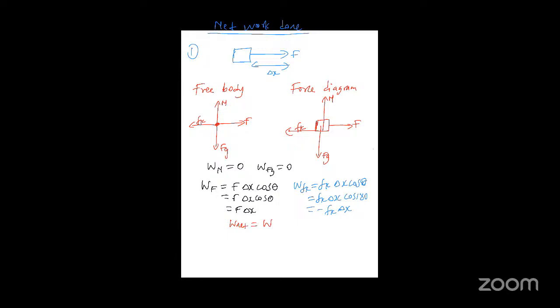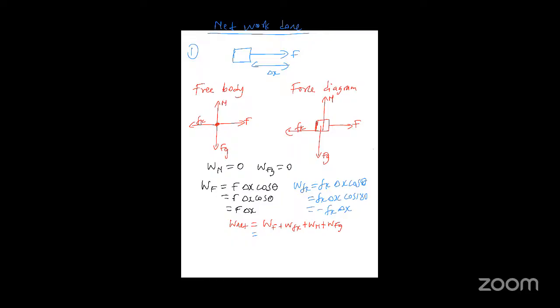Work net is equal to work done by F, work done by Fk, work done by normal, and work done by Fg. Our work net, sorry.